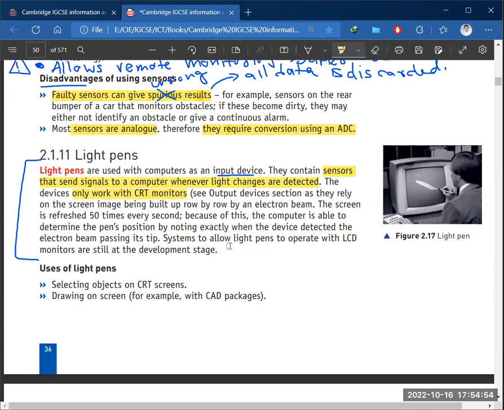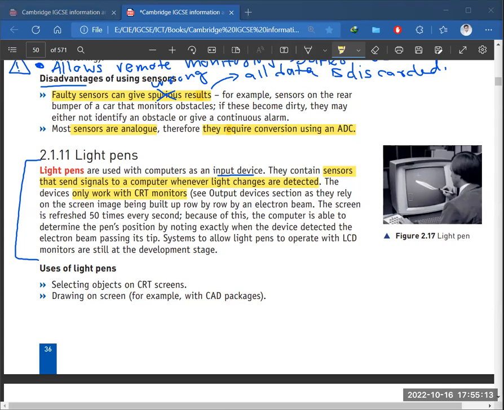The screen is refreshed 50 times every second. Because of this, the computer is able to determine the pen's position by knowing exactly when the device detects the electron beam passing its tip. Systems to allow light pens to operate with LCD monitors are still at the development stage.